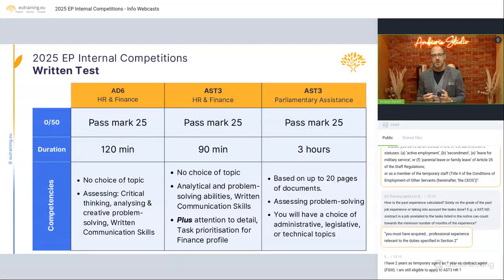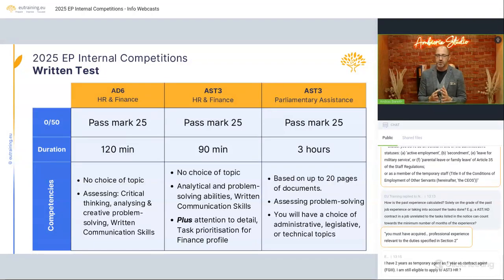Here's a challenge that you need to resolve, because let's say there has been an urgent issue that needs to be part of the plenary session's agenda, and here are all the various factors that you need to consider. What are you going to do? And then you need to provide your input in a written form based on all of those.